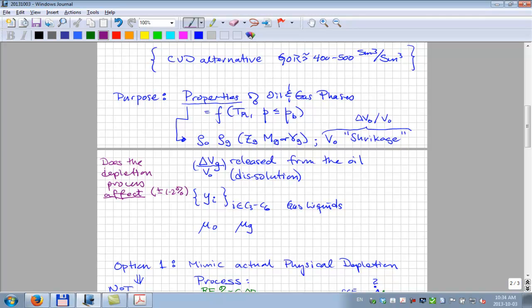Does the depletion process affect these properties: densities, viscosities, and the oil shrinkage and gas expansion? That's the question. And if it doesn't matter, then we'll use the simplest experiment for the laboratory. If it does matter, then we have to rethink what we're doing.